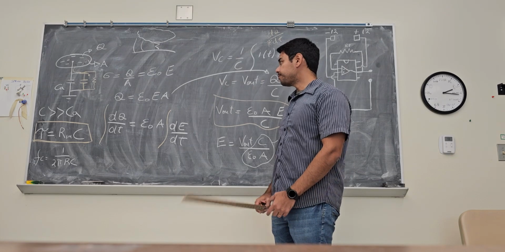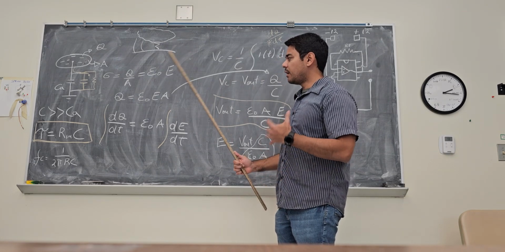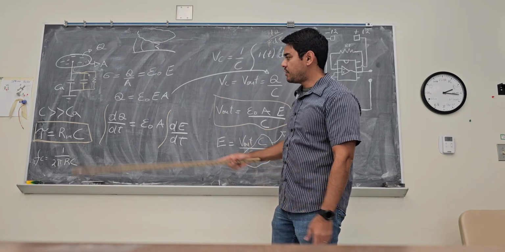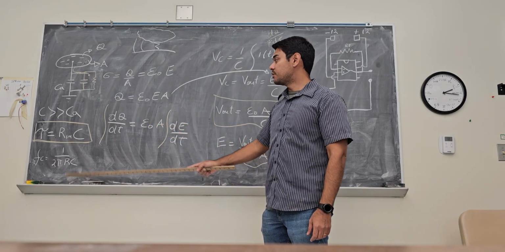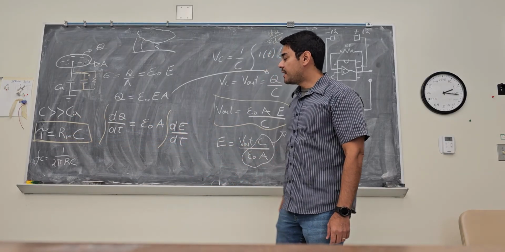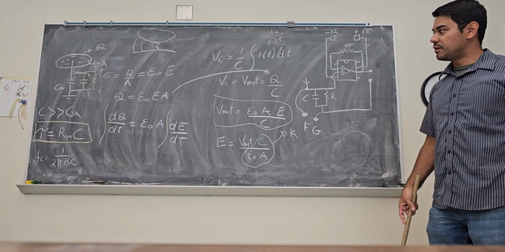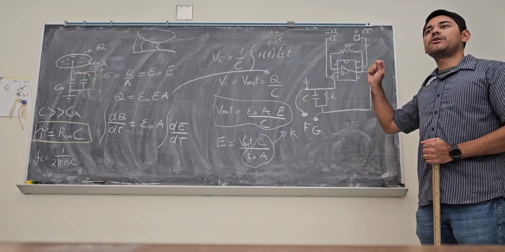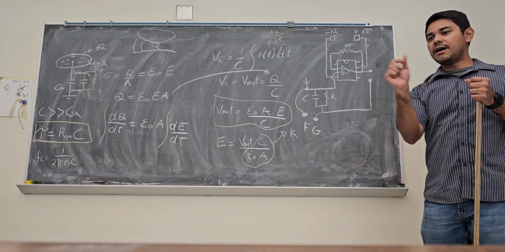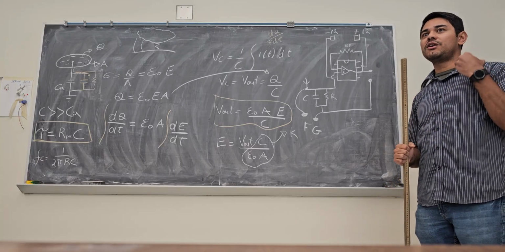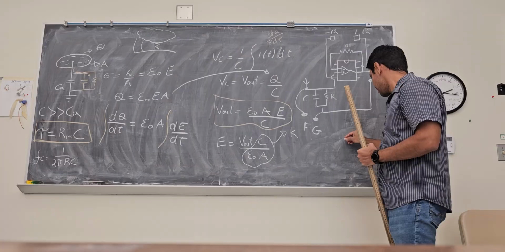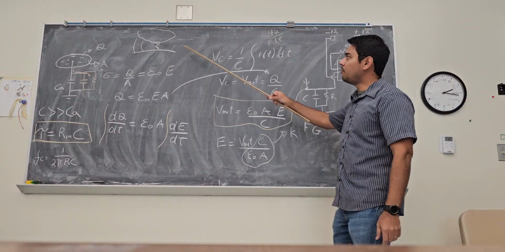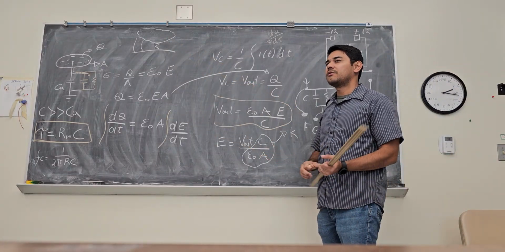Usually we can control that by changing the decay time constant of our circuit. The decay time constant of our circuit must be much greater than the period of the signal you want to observe.